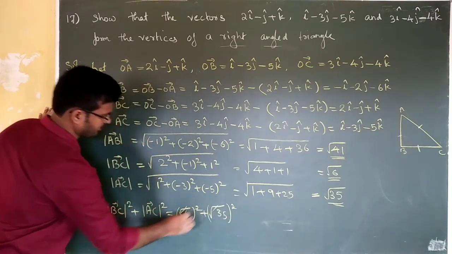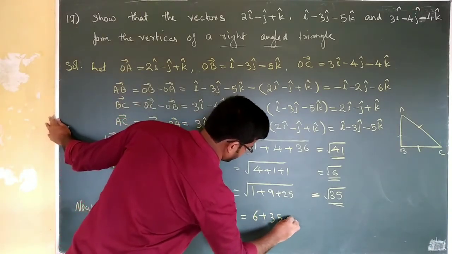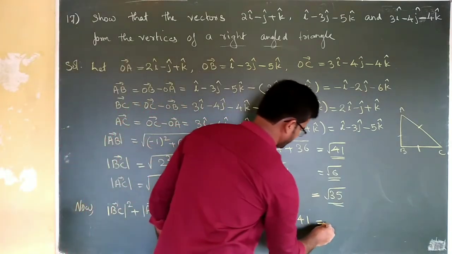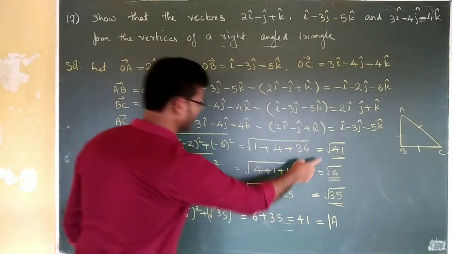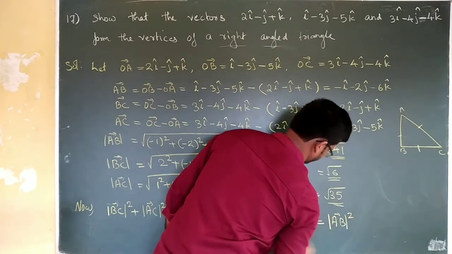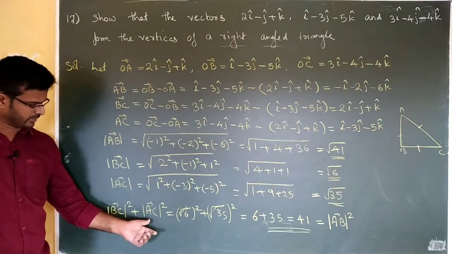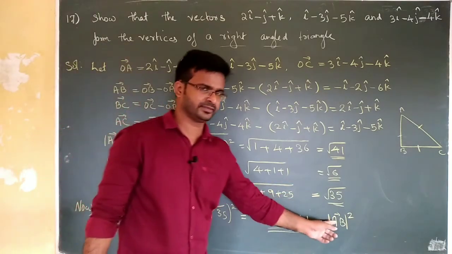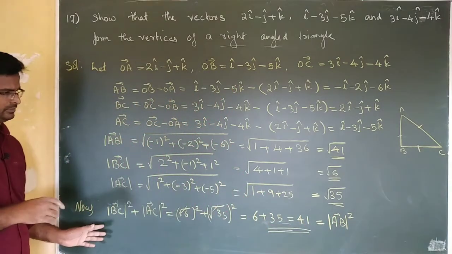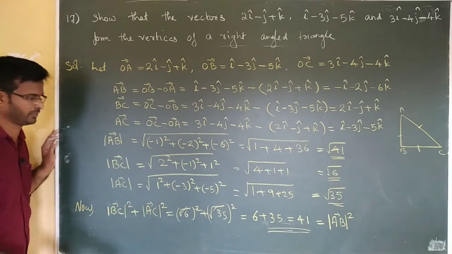Square and square root cancel, then you will get 6 plus 35 equal to 41. What is 41? We can say 41 is modulus of AB square. Check it. Sum of the shorter sides gives the other side, isn't it? That means this is the hypotenuse. AB is the hypotenuse. Then the other two sides, this is Pythagoras theorem, isn't it?